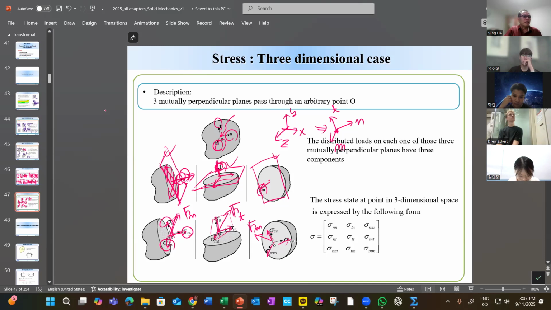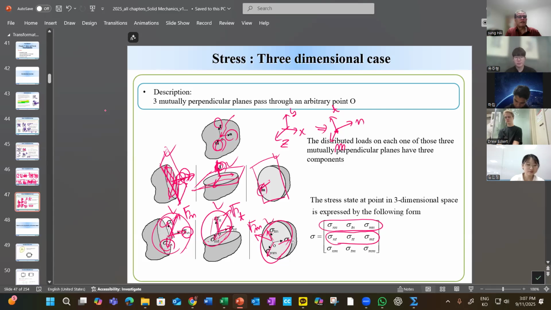So anyhow, we represent these 3 by 3 components. We just list them here. This is 3 components here, and then another 3 components here, and another 3 components here.